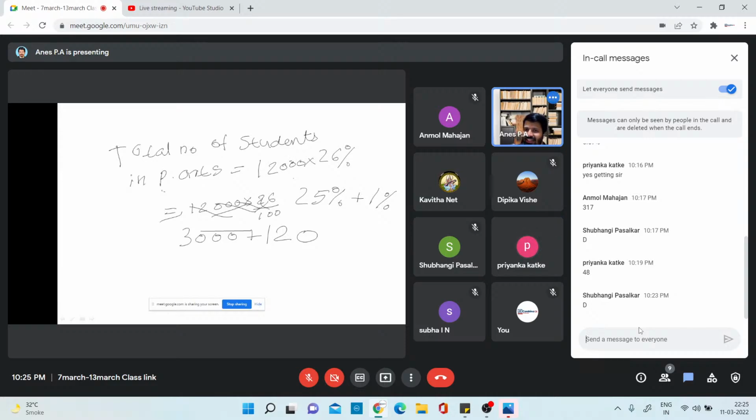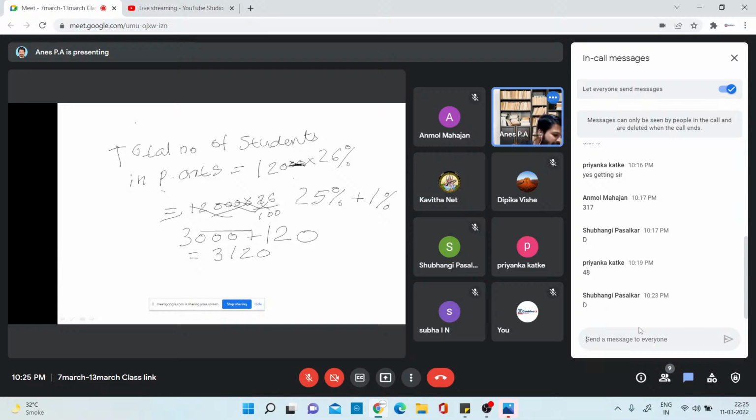We just cut two zeros. So we get the value as 3,120. This is the total number of students in performing arts.